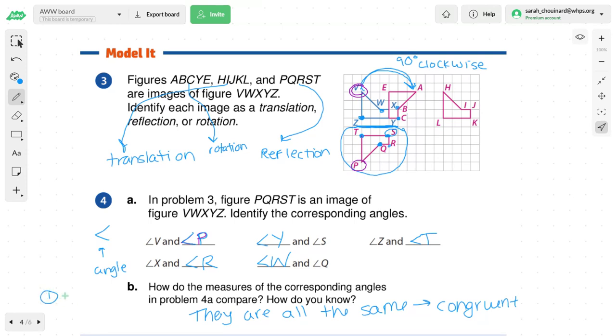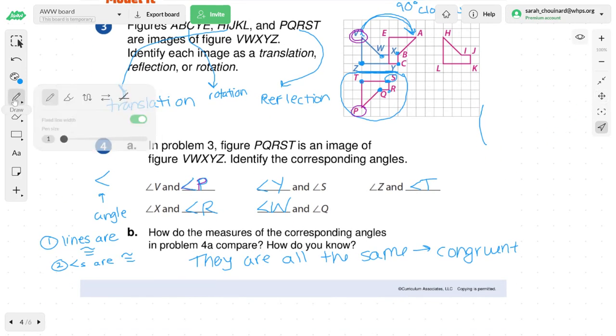In transformations, lines are congruent. I'm going to use my fancy symbol. Angles are congruent. I'm being a true mathematician and trying to use my notation to my advantage. And then parallel lines are the same. That's in any transformation.